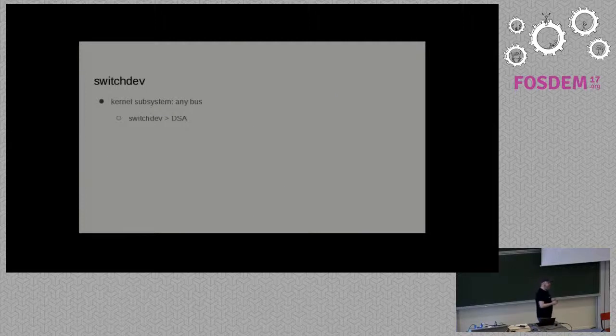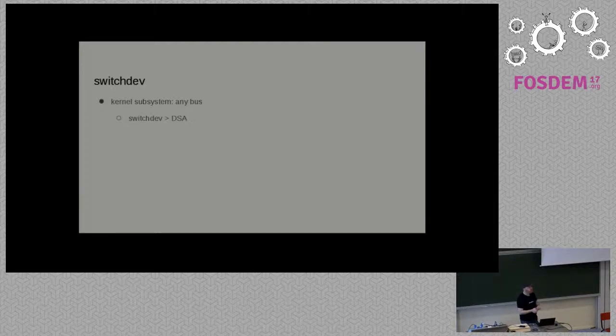It's a very generic system, right? It's more generic than DSA. That means that the DSA subsystem was essentially changed in the kernel to be a switchdev driver. Right? So DSA is still there. There are still DSA drivers, but DSA, the framework itself, is essentially a switchdev driver.